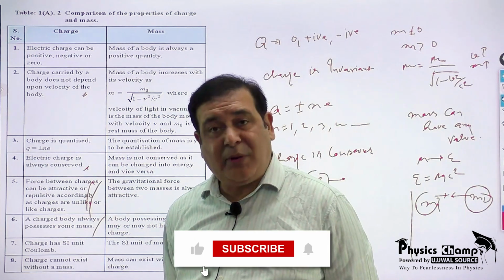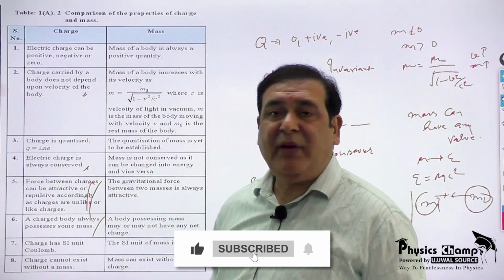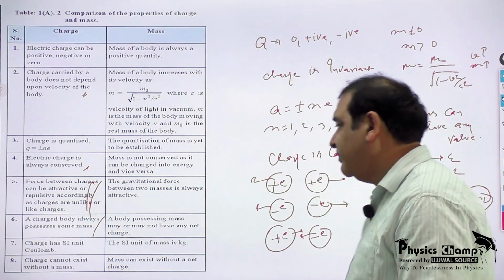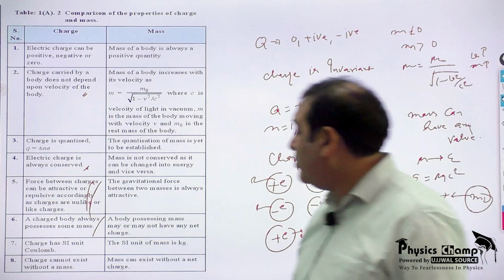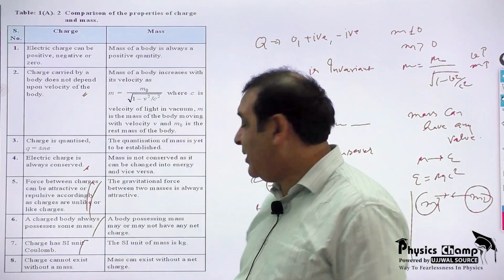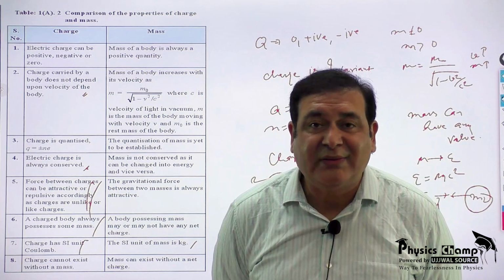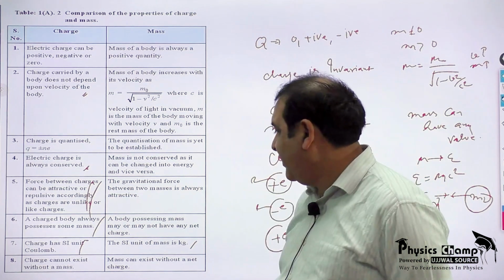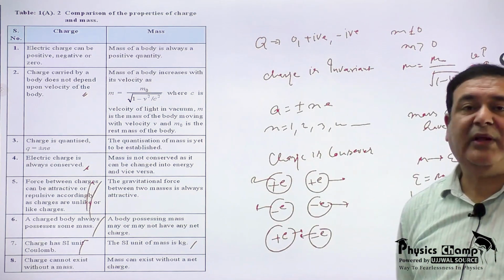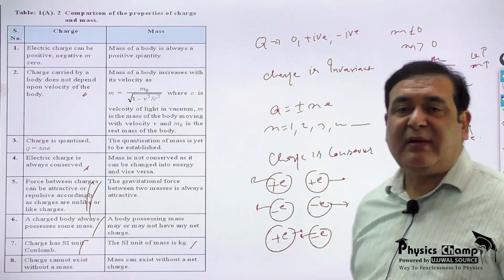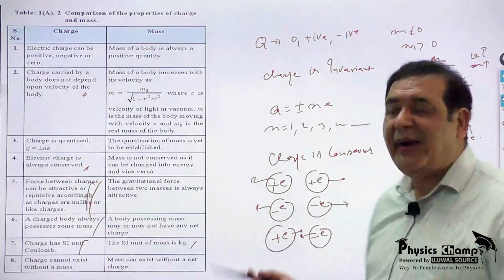So a charged body will have some mass, but a body having some mass is not necessarily having a net charge. Charge has SI unit of Coulomb and mass has SI unit of kilogram. Charge cannot exist without a mass, but mass can exist without a net charge. So these are some of the comparisons of electric charge and mass.